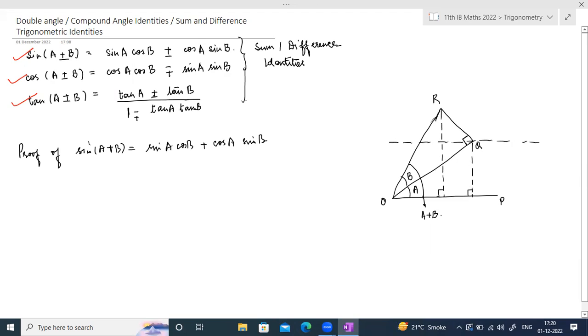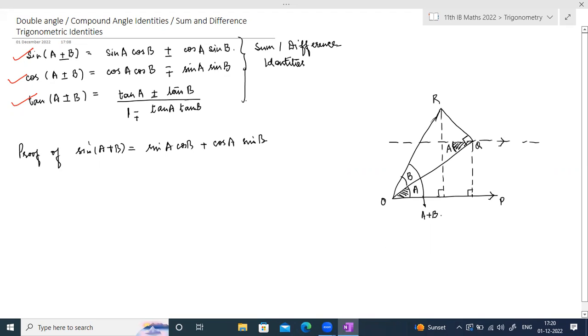Now, can you tell me what will be this angle? Since these two are parallel, this angle is A. This angle will also be capital A. Alternate interior angles.